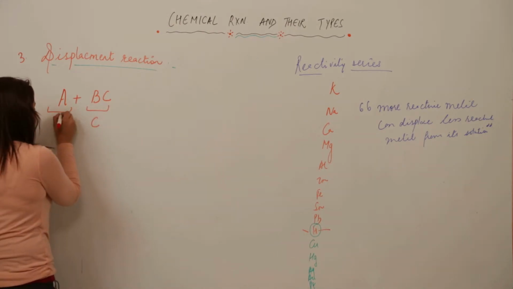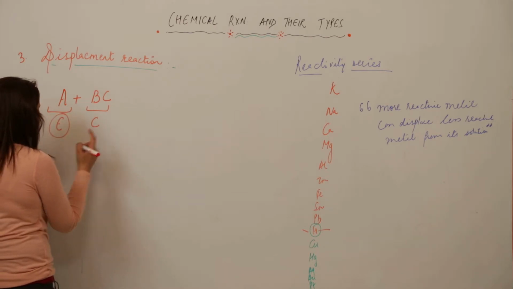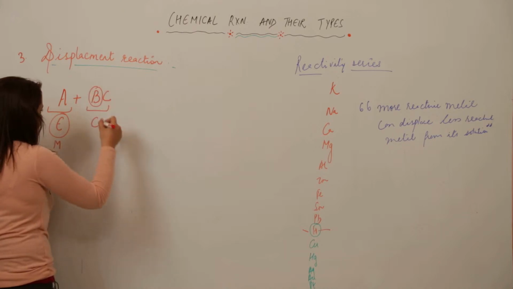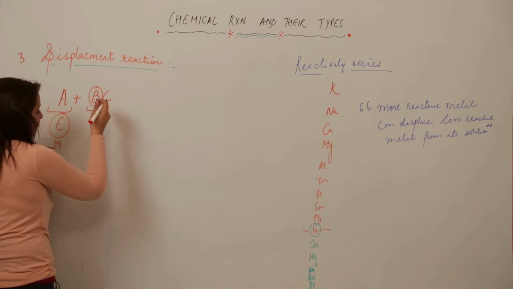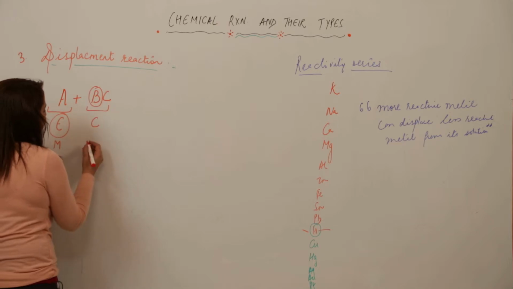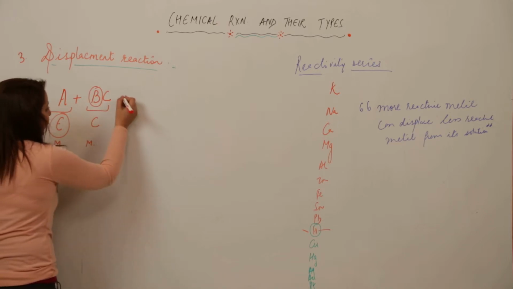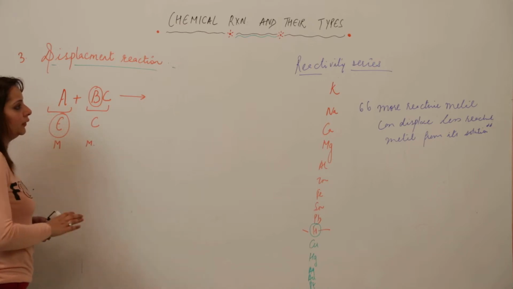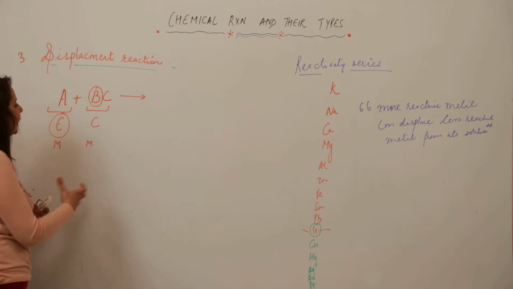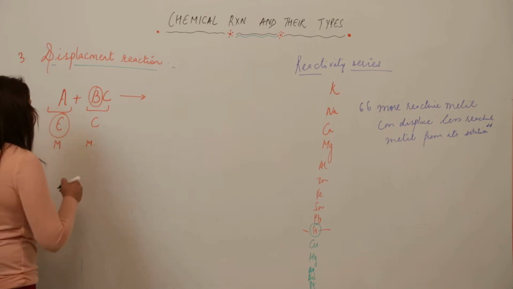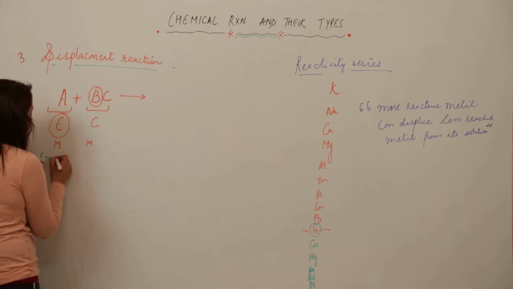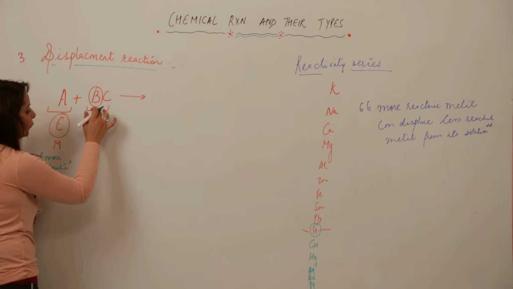If I am talking about metal displacement, then this element has to be a metal, and similarly we know that in any ionic compound the first element is a metal, right. For the reaction to happen, what criteria should it fulfill? The metal which is present in the elemental state has to be more reactive as compared to the element which is present in the compound form.